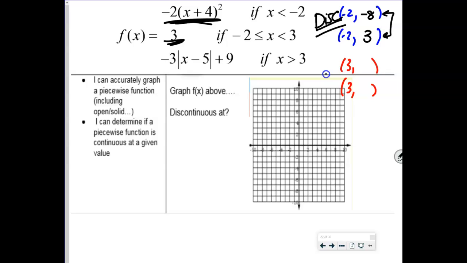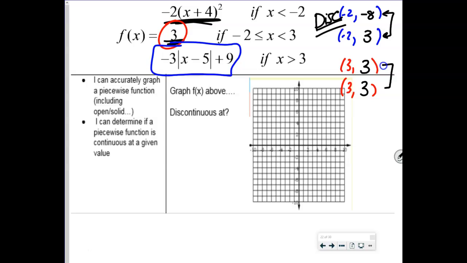They won't connect. But look what happens for 3. On the boundary line of 3, if you're on the left side of it and you plug into that function, y'all get a 3. But then look what happens when you plug into this function. You get, let's see, 2 times -3, so -6. -6 plus 9 is, oh, looky that, 3.